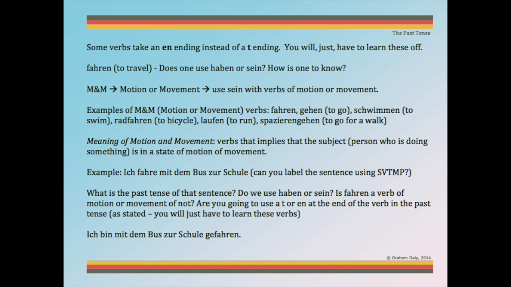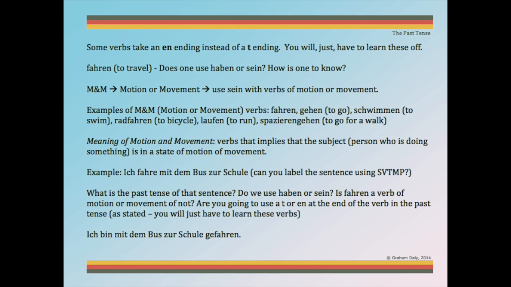As I've stated previously, with verbs in the past tense, you take off the en. So when you have fahren, you take off the en, you're left with fahr. You put a ge in front of it, so you would have gefahr. Now you must decide whether you're going to use a T at the end of the word or an EN.